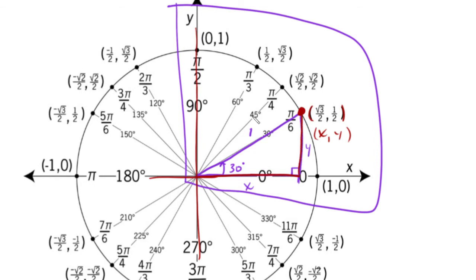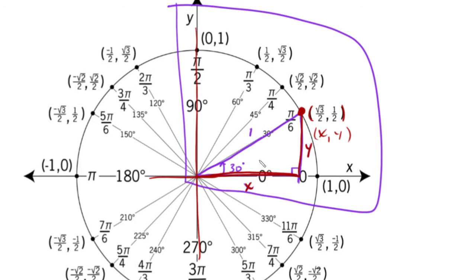Are you seeing what I'm seeing? The x coordinate right here is just how far left or right you had to go to get in line with this dot. The y coordinate is just how far up and down you have to go to get to the dot. What does that look like? This distance here is just x, and this distance here is just y.